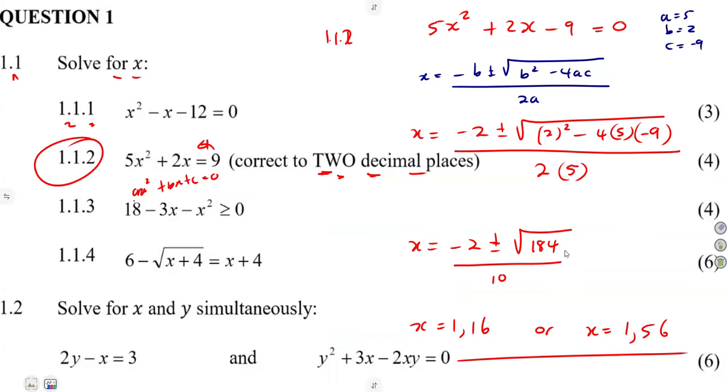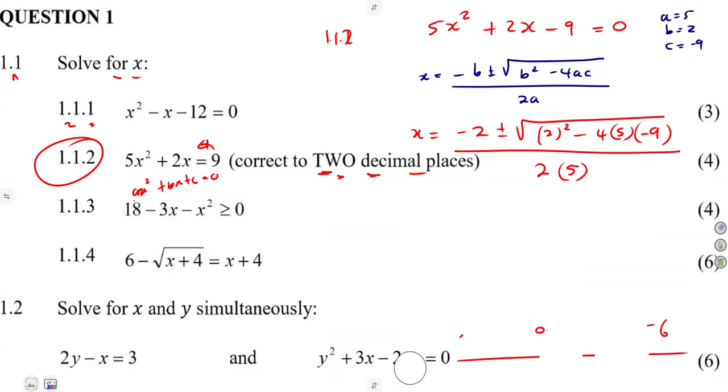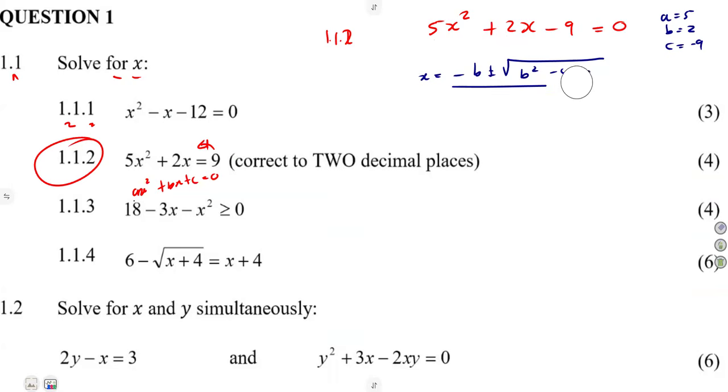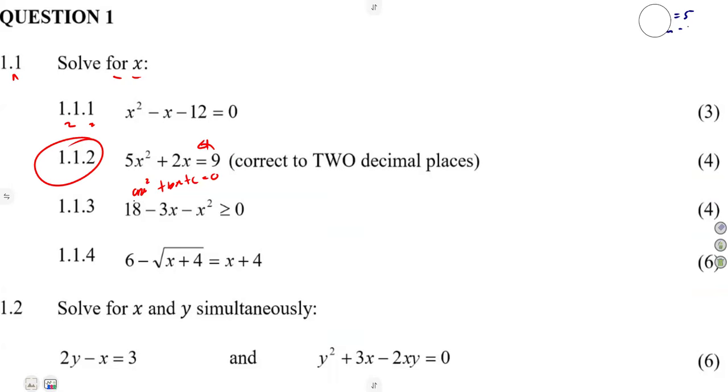All right, let us consider another part where you have an inequality this time, which is question 1.13. That's 18 minus 3x minus x squared is greater than or equal to 0, which you can actually work out as it is.